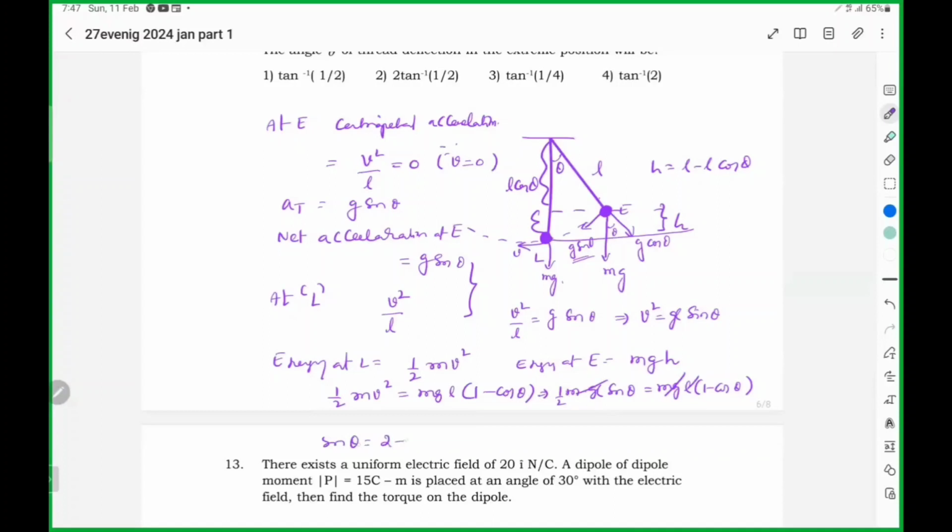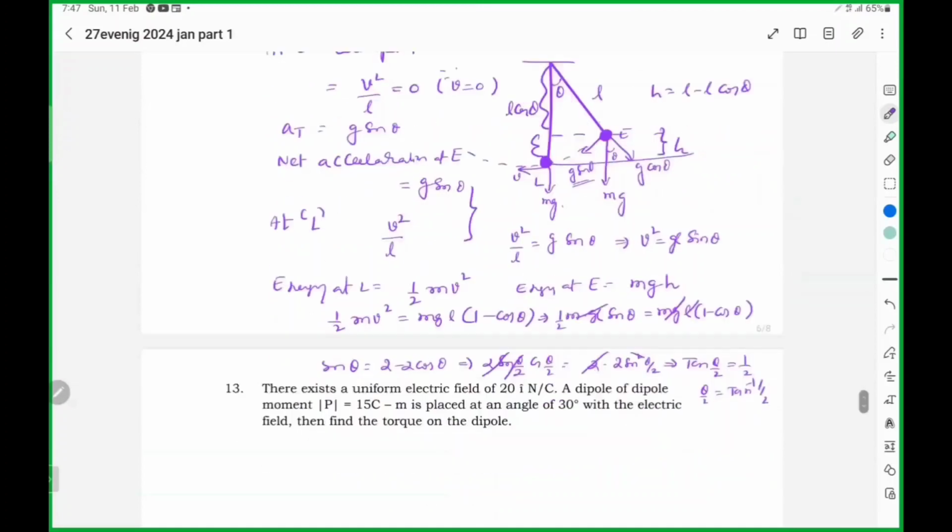Sin theta is 2 minus cos theta. 2 sin theta by 2 cos theta by 2 is 2 into 1 minus cos theta, 2 sin square theta by 2. So tan theta by 2 is half. Theta by 2 is tan inverse half. Theta will be 2 tan inverse half.